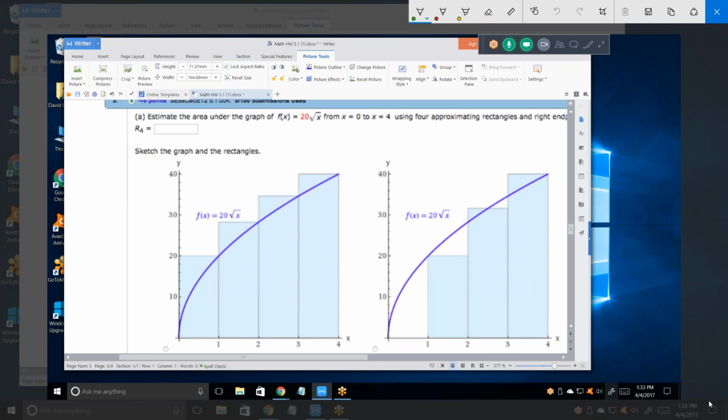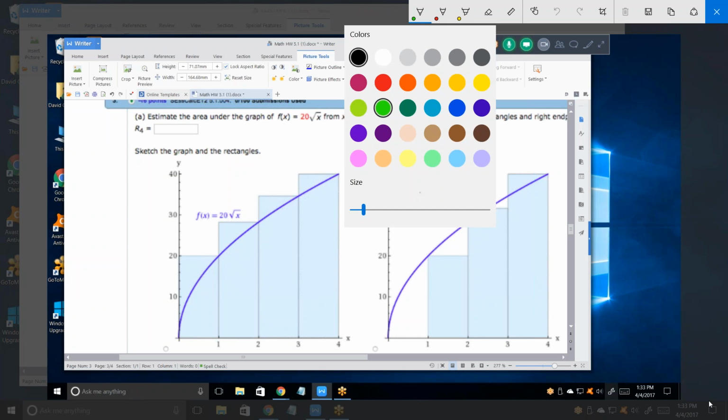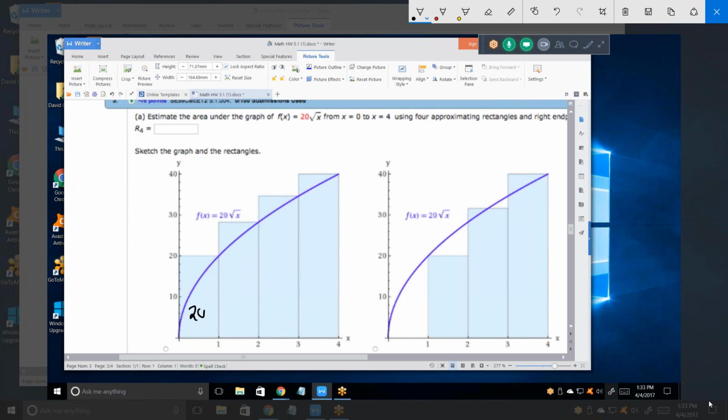So it's 1 times 20. That one's 20. What's the next one? So it's 28 times 2, correct? Not times 2. The width of that rectangle is still 1. Oh, right, okay. So 28.